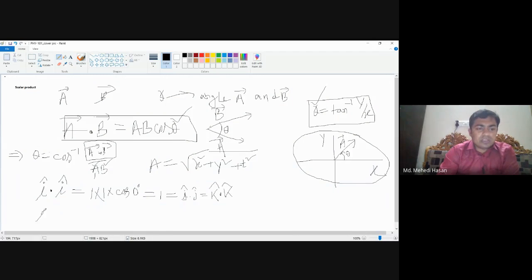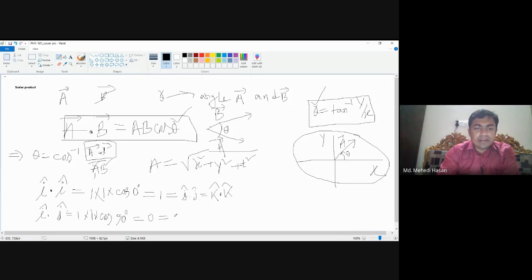Now for different unit vectors, basically I dot j, this is equal to 1 into 1 into cos of the angle between the unit vectors, which is 90 degrees, because we know the x, y, z three-dimensional coordinates are perpendicular to each other. So the angle between I and j is 90 degrees, and cos 90 degrees is 0.